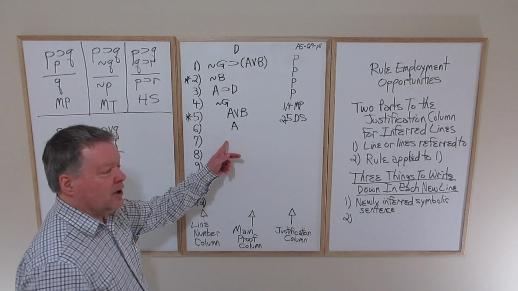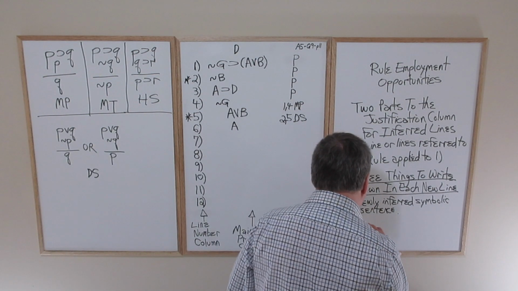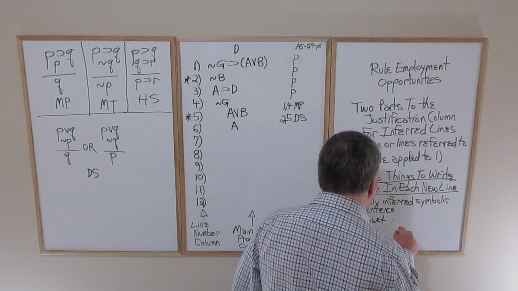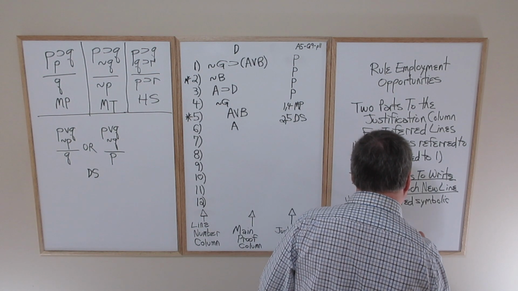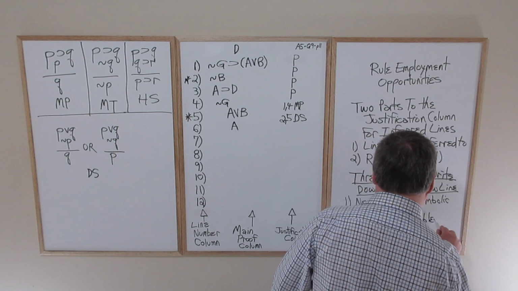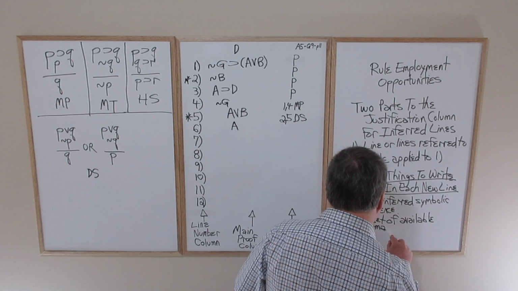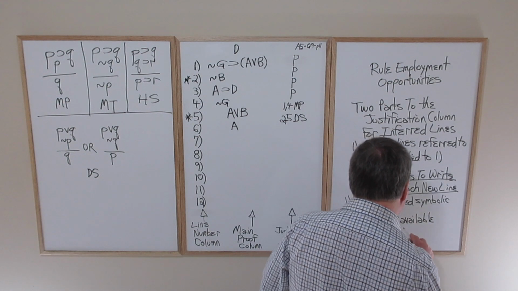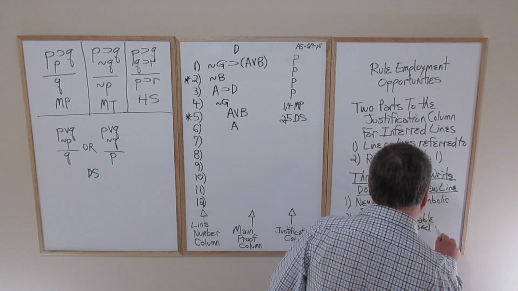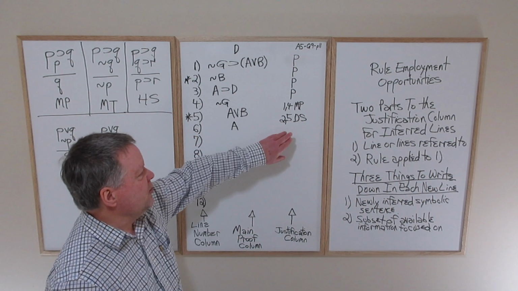That's going to go in the main proof column. Then there's going to be the subset of available information that is focused on in that particular step in the proof.